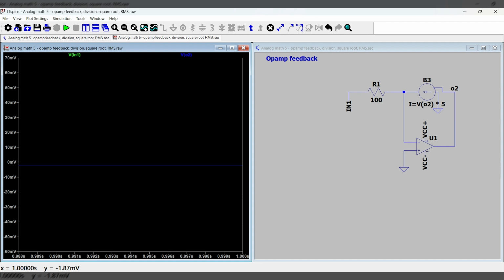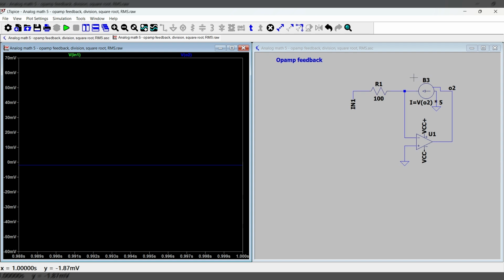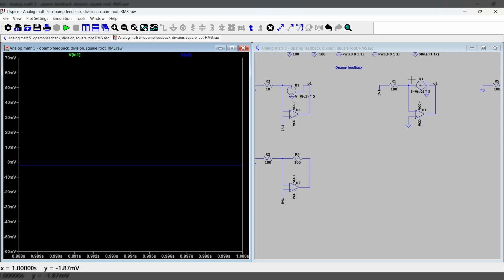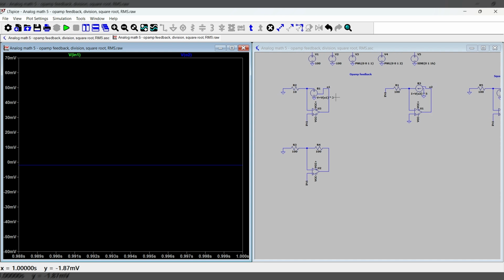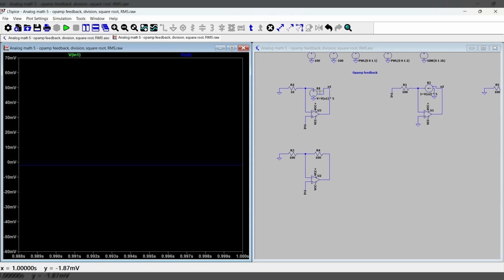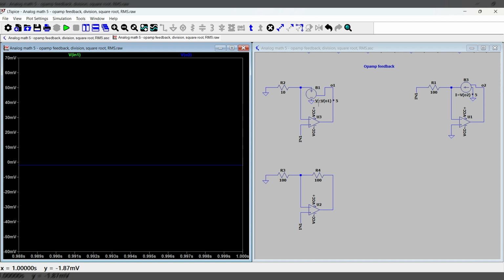So where might we use an inverting config versus a non-inverting config for inverting the feedback functions? With a non-inverting config, you essentially want to put in a function that's a voltage to voltage transformation, whereas in an inverting config, you want to put a voltage to current transformation. We've seen this in, I think, the Analog Math 3 video that I created, where I showed log and anti-log circuits.